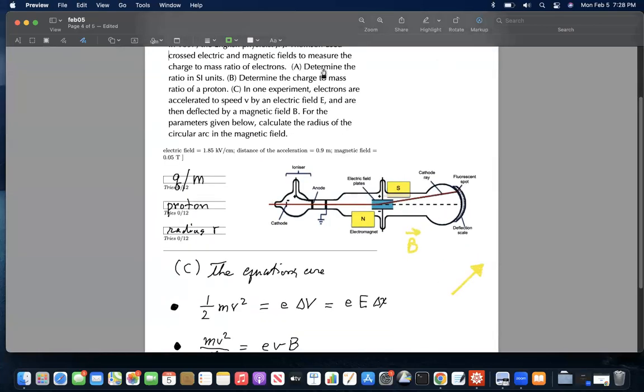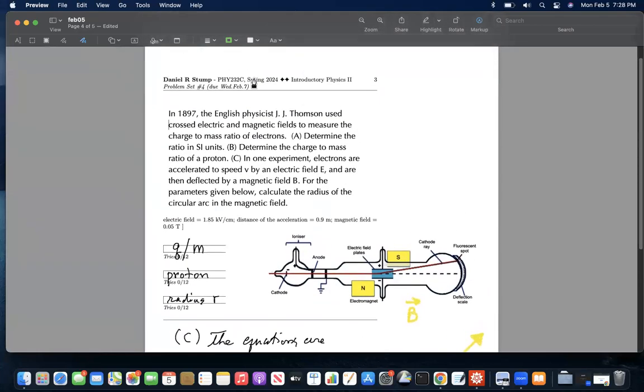Okay, well, here's another problem. In 1897, the English physicist J.J. Thomson used crossed electric and magnetic fields to measure the charge to mass ratio of electrons. In that previous problem, in part B, we considered crossed fields, B in one direction, E in the other direction.